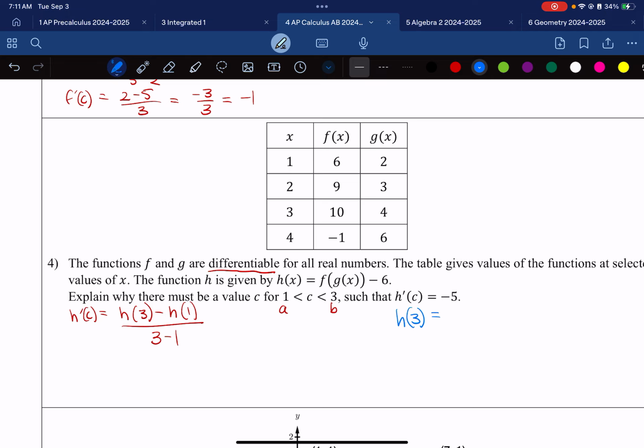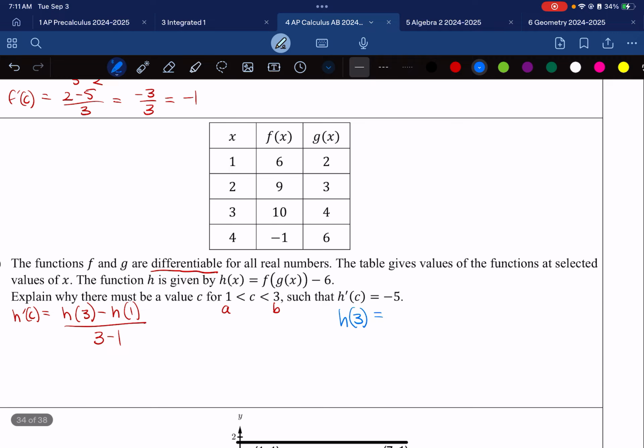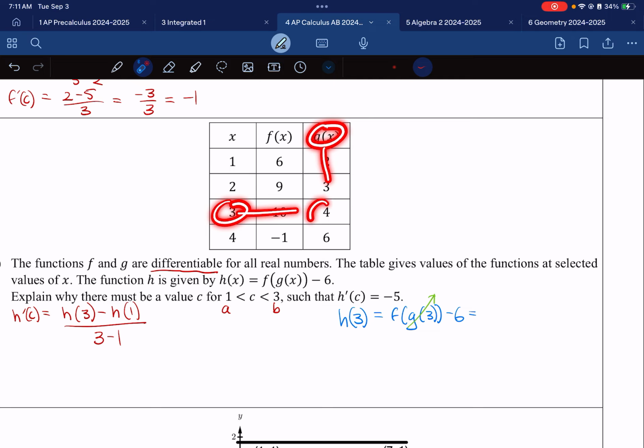H of 3 is, as you defined it up here, h of anything, you plug it into g, then plug it into f, and then subtract 6. I need to write that all down. So h of 3 is f of g of 3, then minus 6. So let's go ahead and say, okay, g of 3, what are you? G of 3 happens to be 4. So this is going to turn into a 4.